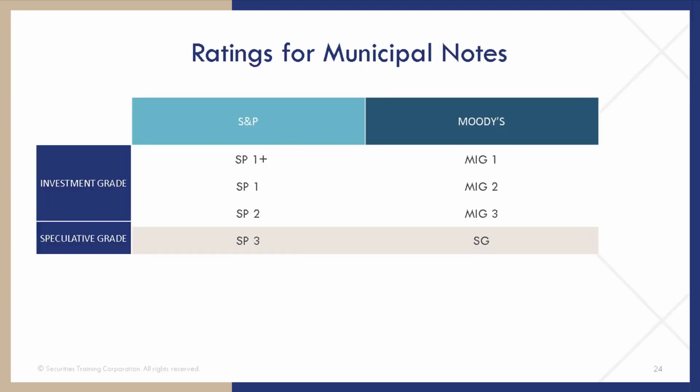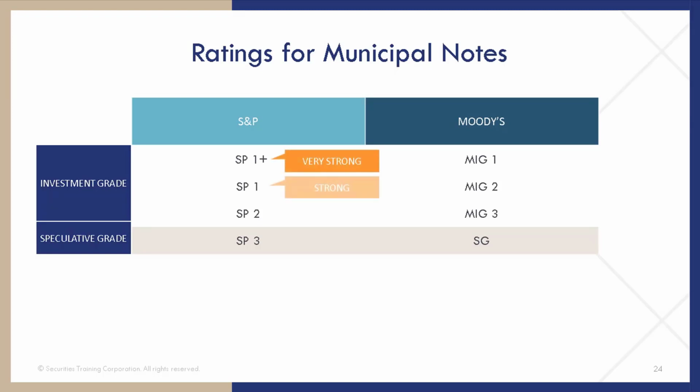The ratings for these notes are a little bit different than the bond ratings that you looked at in Chapter 4. S&P has ratings for the notes: SP1 plus, SP1, SP2, SP3, where Moody's has ratings that are MIG ratings, MIG 1 through MIG 3, and then an SG.